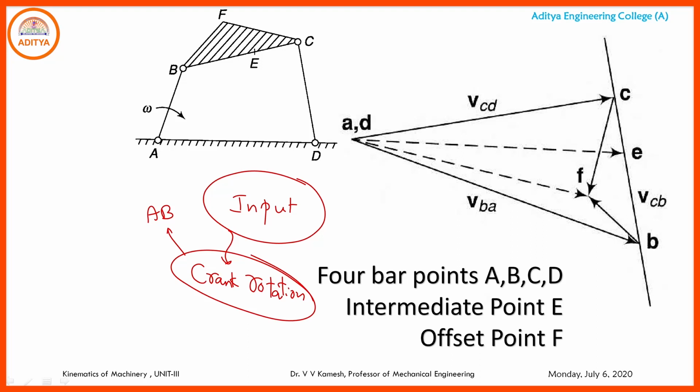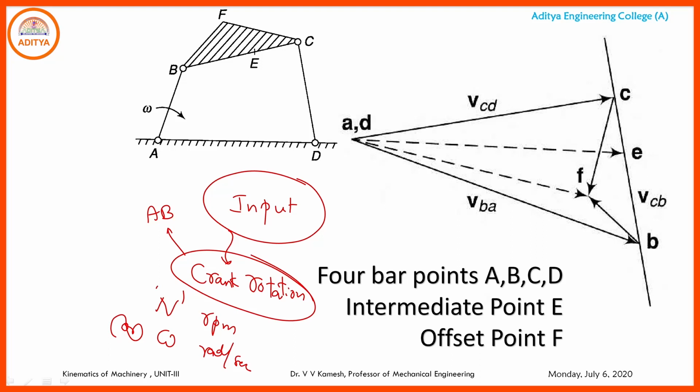That means the crank is rotating. When the crank is rotating, it gives one data: either N in RPM or omega in radians per second. For example, the crank may be rotating at 120 RPM or at some radians per second. So, this data will be given to us.